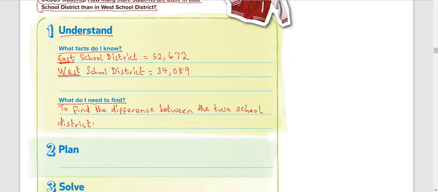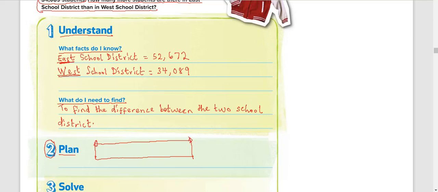Okay, so next is to plan. And how do we plan? Easily we can use a bar graph to quantify what we have. So since it's difference we are looking for, let's say the whole of this is the highest one, which is the East School District.